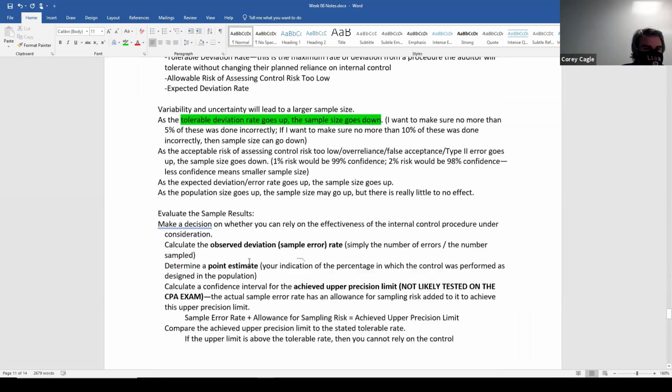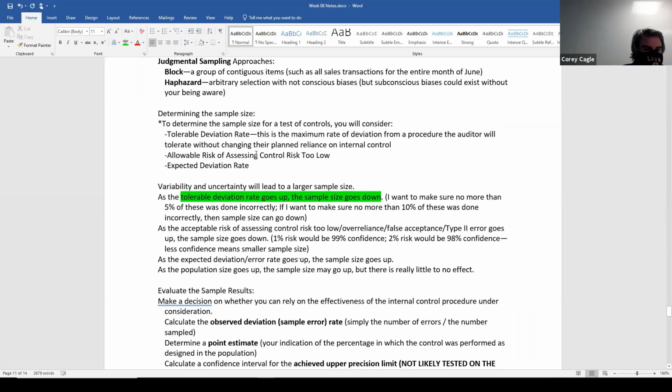So assess allowable risk of assessing control risk too low. I put a bunch of different words for the same thing here. As the acceptable risk of assessing control risk too low goes up, the sample size goes down.